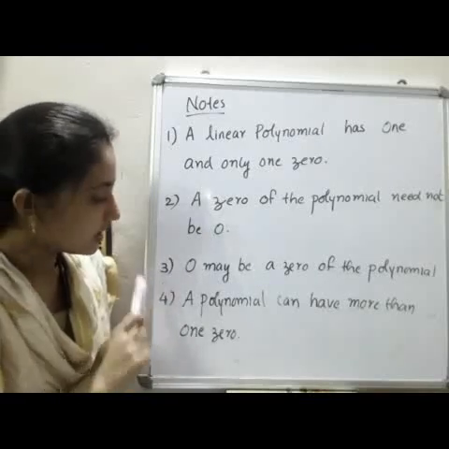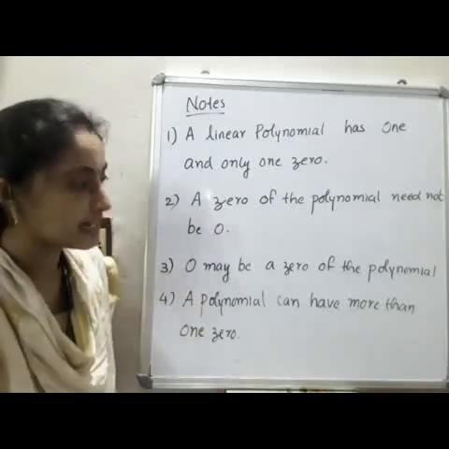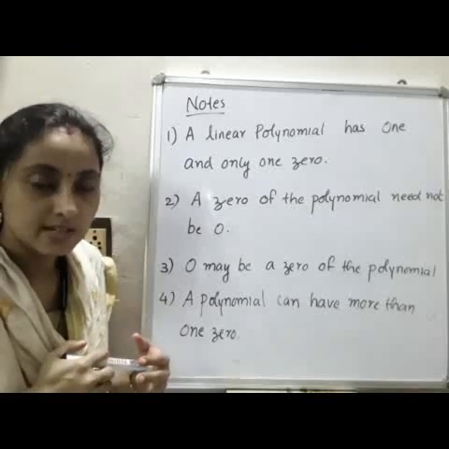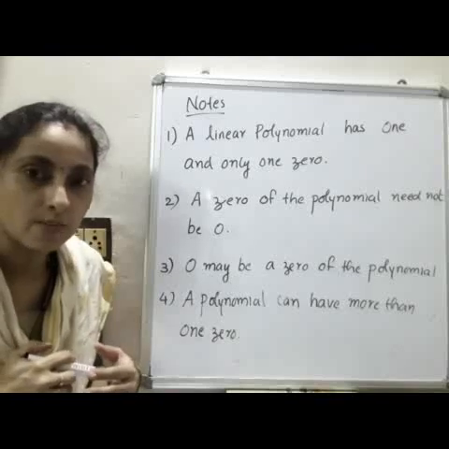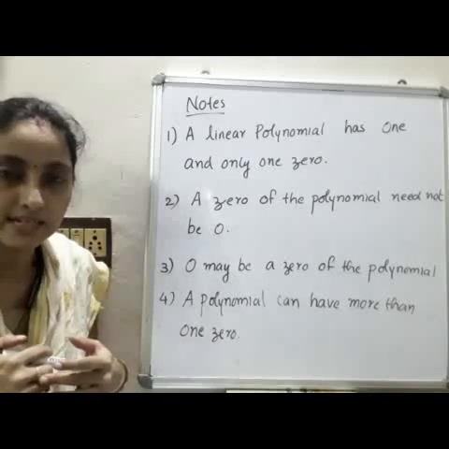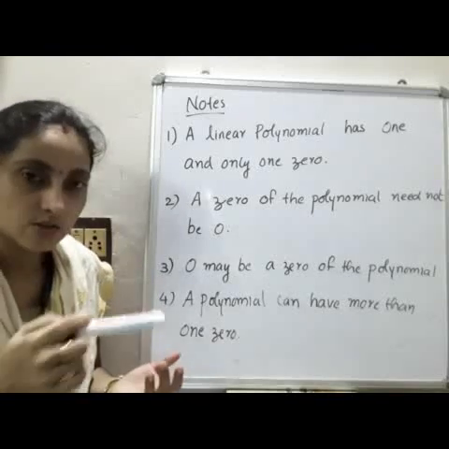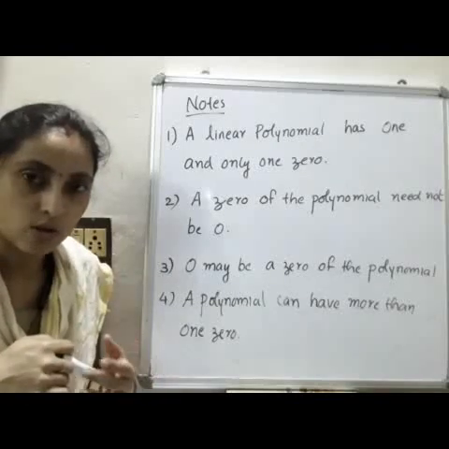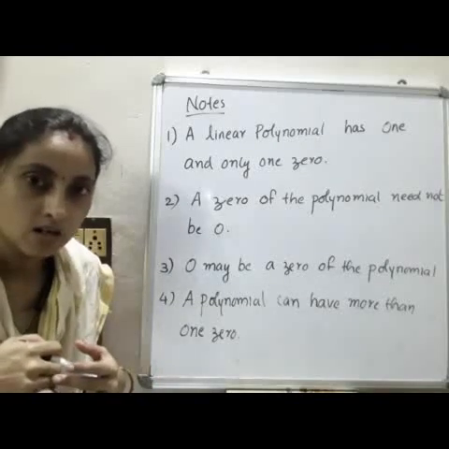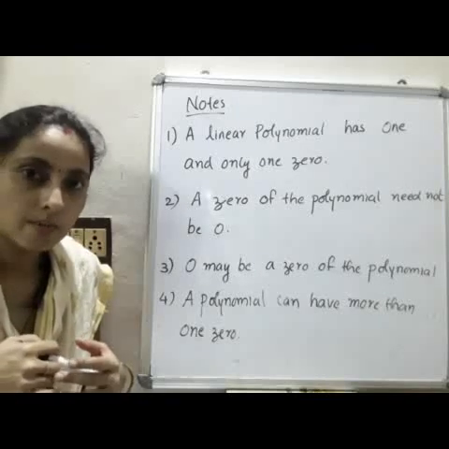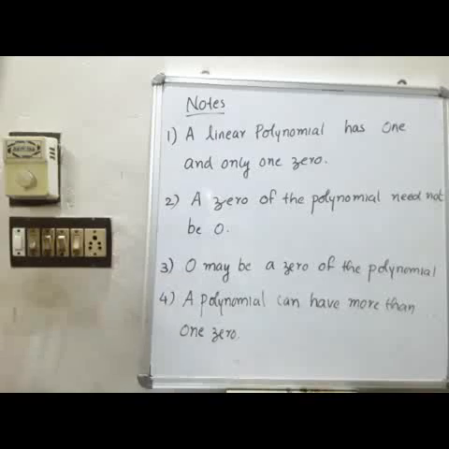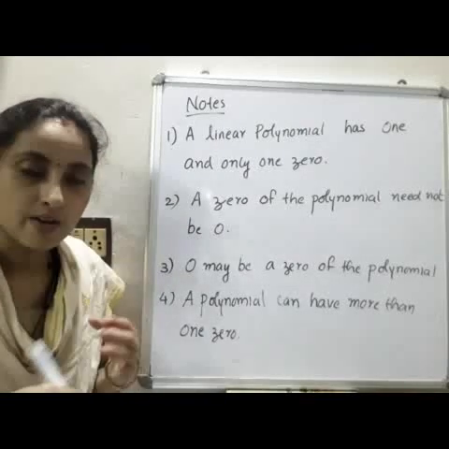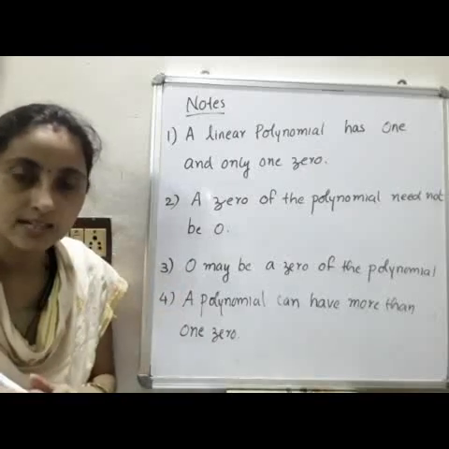And third one: 0 may be a zero of the polynomial. For that, please take the polynomial x square minus 2x. All of you, please go back to the notebook and take the example, x square minus 2x. In that question, you verified that 2 and 0 both are the zeros of the polynomial.